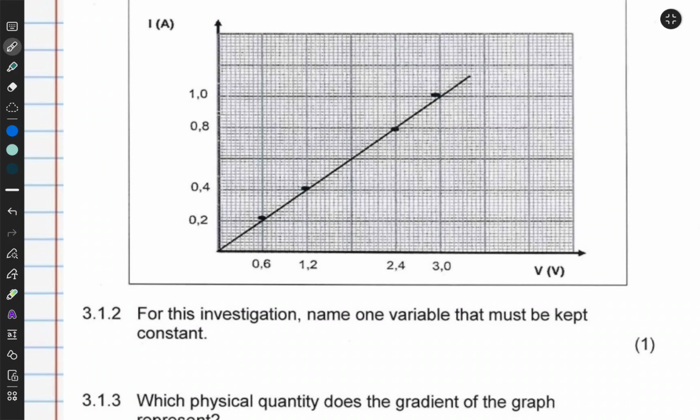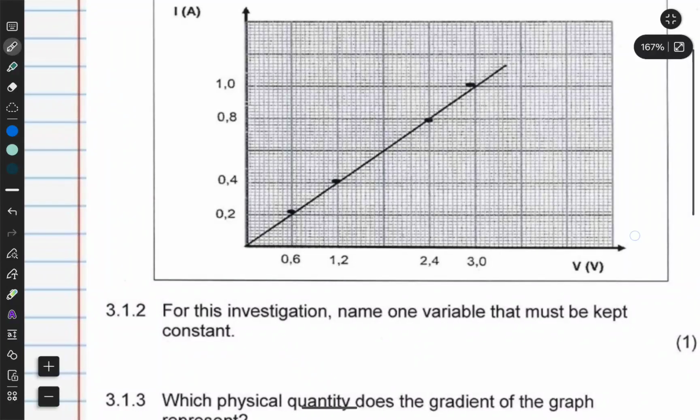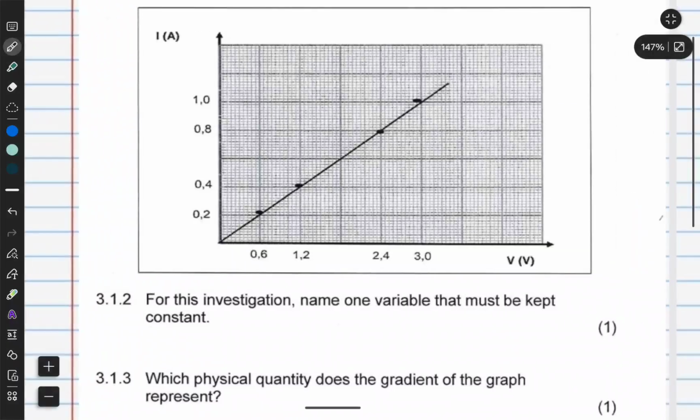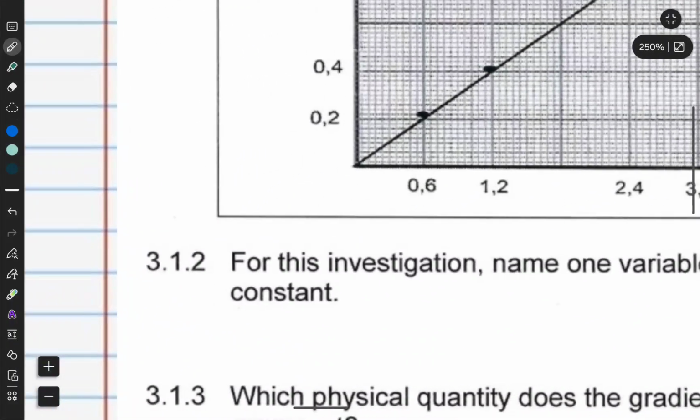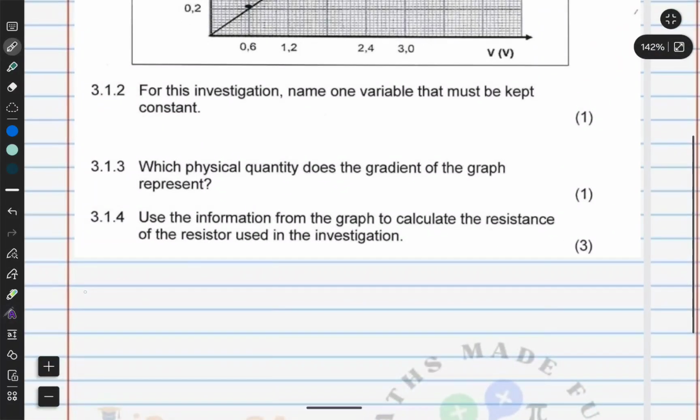So in labs, what they typically do is to keep the temperature constant. For instance, you would switch off your circuits while taking your measurements down, so that it doesn't heat up too much and end up affecting your results. So moral of the story, for 3.1.2, you must keep your temperature constant.